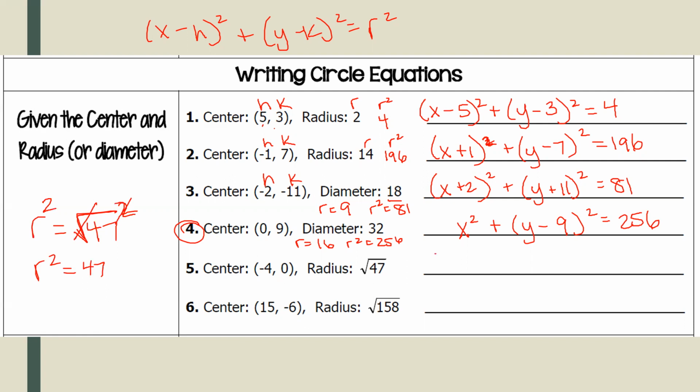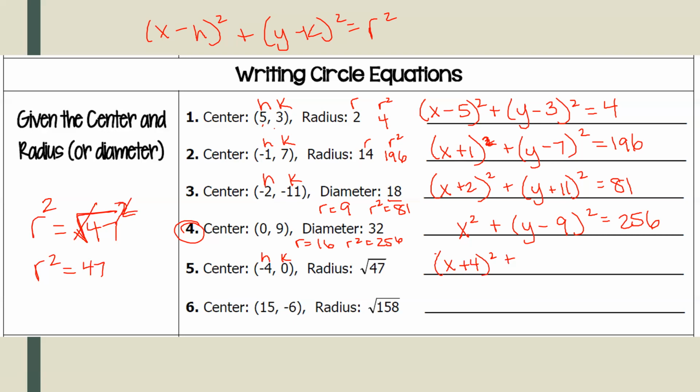Be careful. So h is -4, k is 0. So I can say x minus -4, so it really becomes plus, squared, plus y minus 0. Y minus 0 is just y. So I'm just going to leave it y.